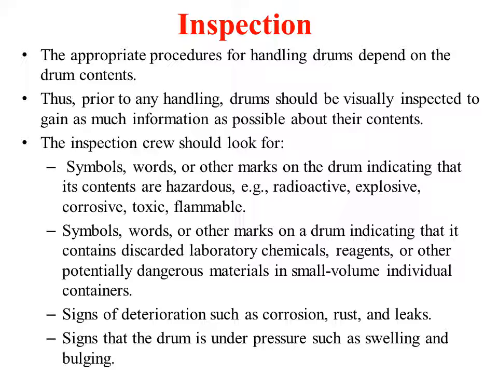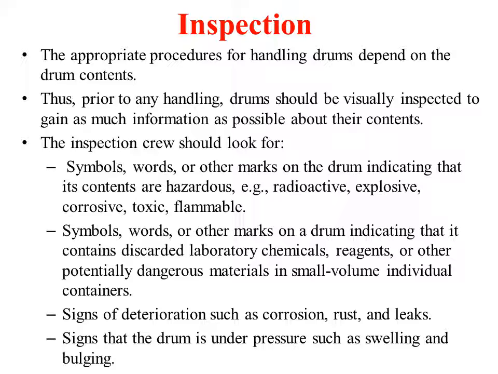Now this information is available if they look at the labels that will be pasted on the container. And they should also look for symbols, words, or any marks which say what the content of that container is, whether it has any discarded laboratory chemicals or reagents or other potentially dangerous materials.